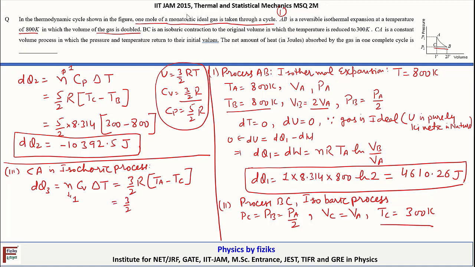So we obtain 3 by 2 R multiplied by 800 minus 300 Kelvin.